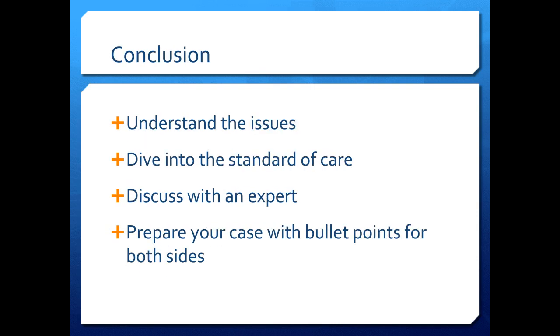So to conclude and wrap up here, obviously it's very important to understand what the issues are, who gets the colonoscopy, when is colonoscopy indicated, what would be the standard for performing a colonoscopy, what are some of the things if somebody met or exceeded or fell below the standard of care in colonoscopy. Make sure, again, some of these things are debatable amongst us.